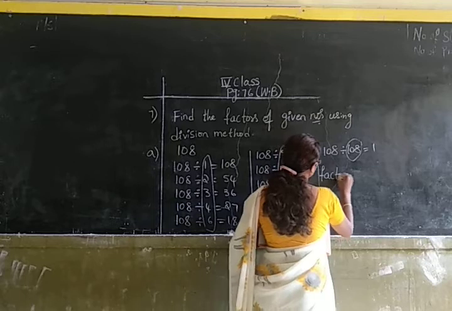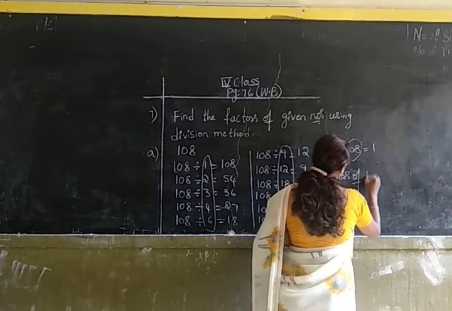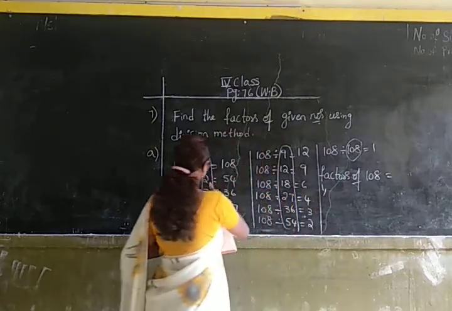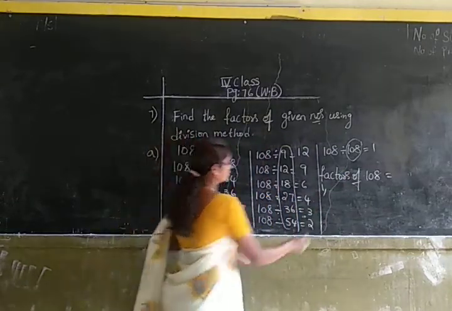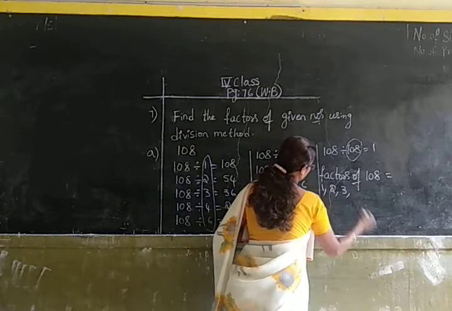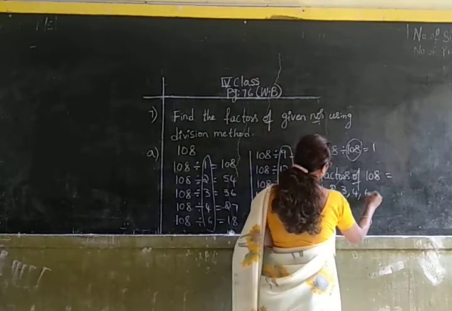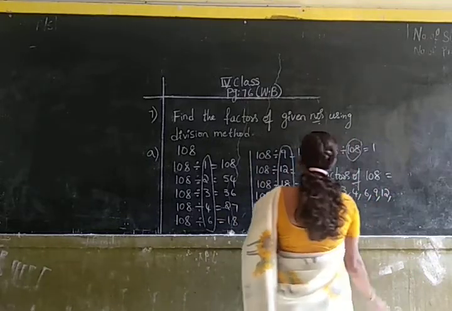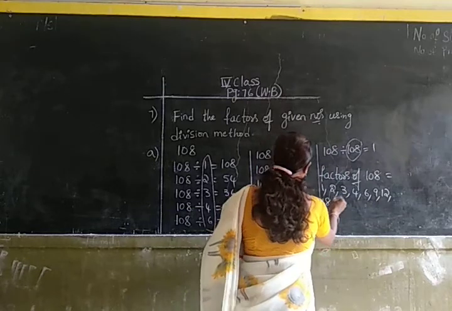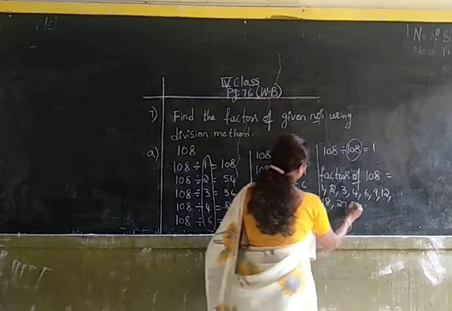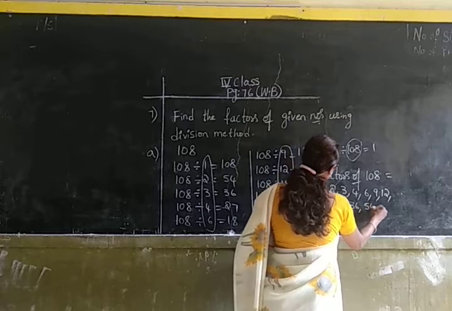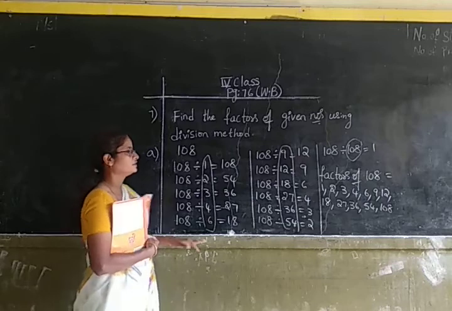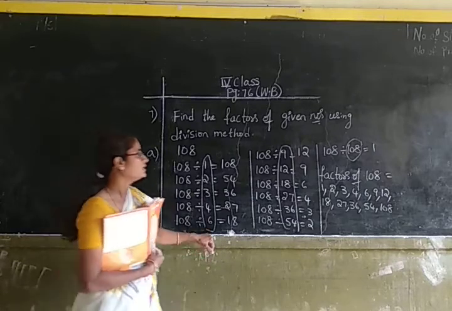Therefore, factors of 108 is equals to 1, 2, 3, 4, 6, 9, 12, 18, 27, 36, 54 and 108. So all these are factors of 108. We have written these factors using the division method.